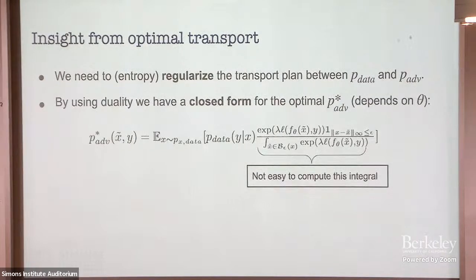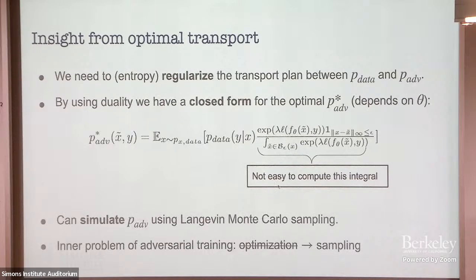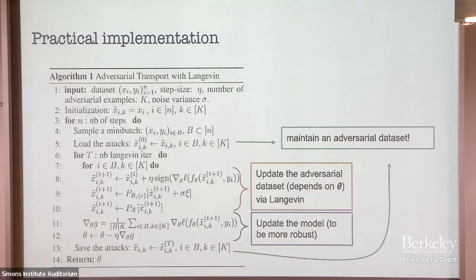The problem is, of course, it's harder to compute the normalization of this density, but we can simulate this distribution using Langevin Monte Carlo sampling. Because we have this closed form for the inner maximization problem, we replace the optimization that was trying to solve the inner maximization problem by a sampling step where we try to sample this adversarial distribution. And why is it relevant?